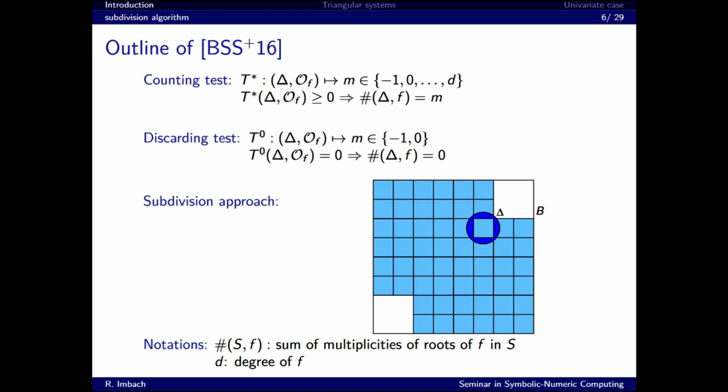Eventually we will discard some boxes, and then we group the remaining boxes into connected components, and we apply the counting test on a containing disk of the connected component. And if the counting test succeeds and returns a number of roots, and if 3 times this containing disk does not intersect other remaining subboxes, then we have a natural cluster.